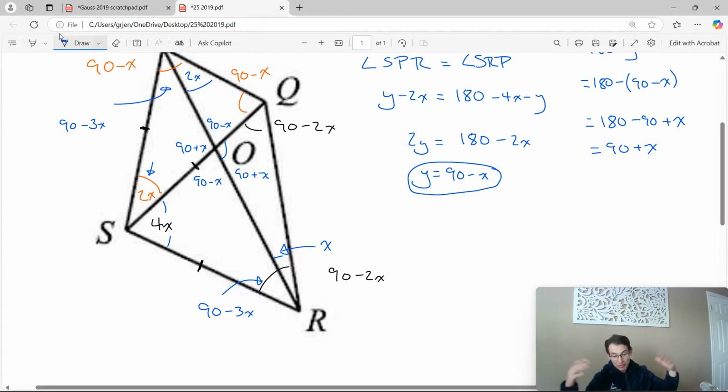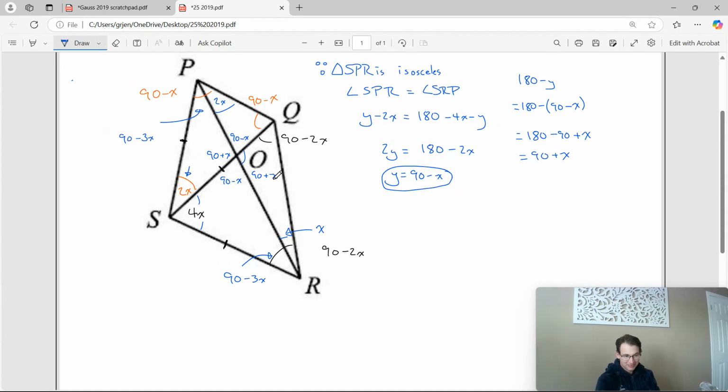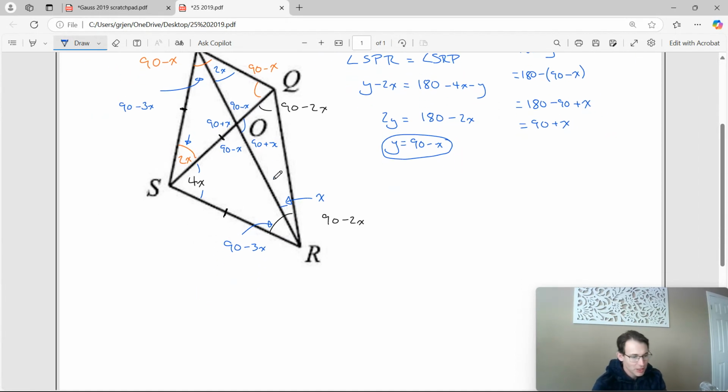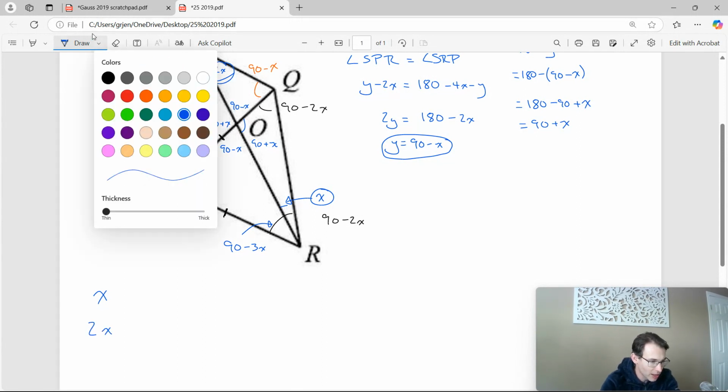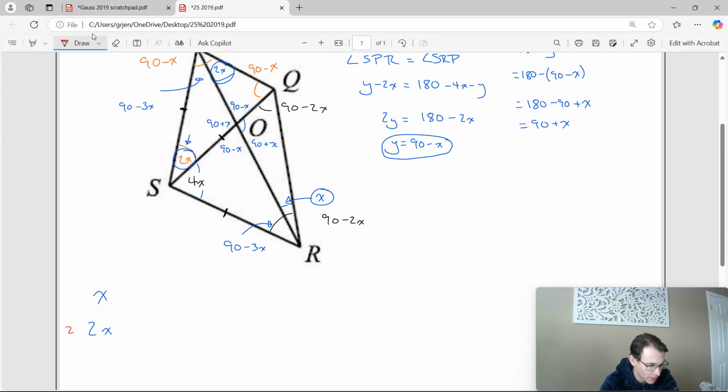Now let's list them in some type of listy manner. Okay, so I'm going to list them from least complex to most complex. I have one internal angle x, this one. Okay, I have two internal angles 2x. So that's 2x here, but I have two of them.